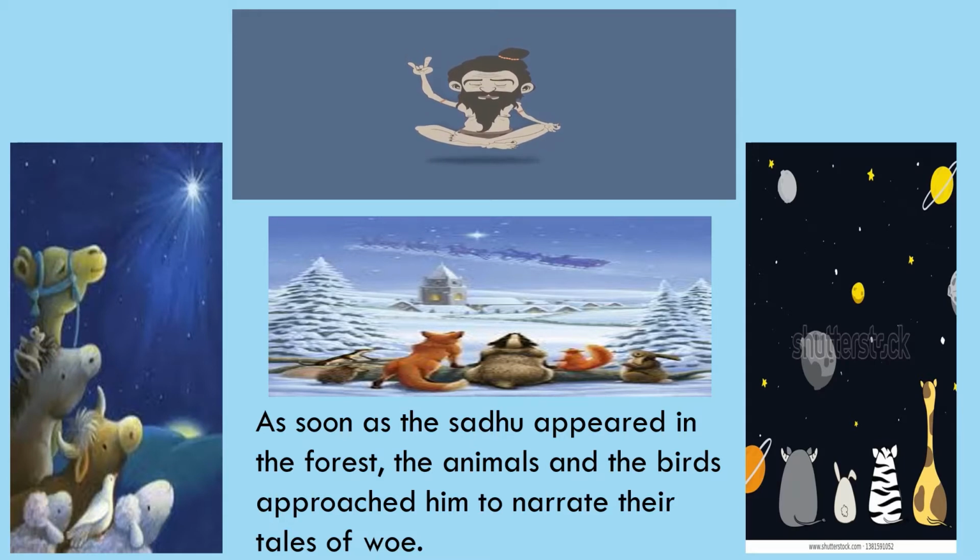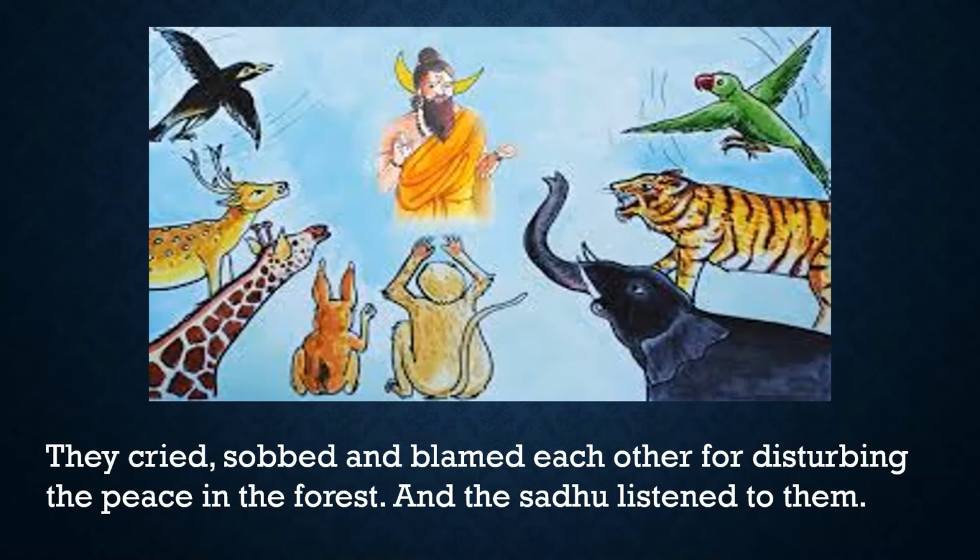So all the animals ran to the sadhu to tell about their problems, to explain their story and how they are not in peace, and also to get help from the sadhu. They cried, sobbed and blamed each other for disturbing the peace in the forest, and the sadhu listened to them. Sob in the sense crying with a sigh of quick breath.